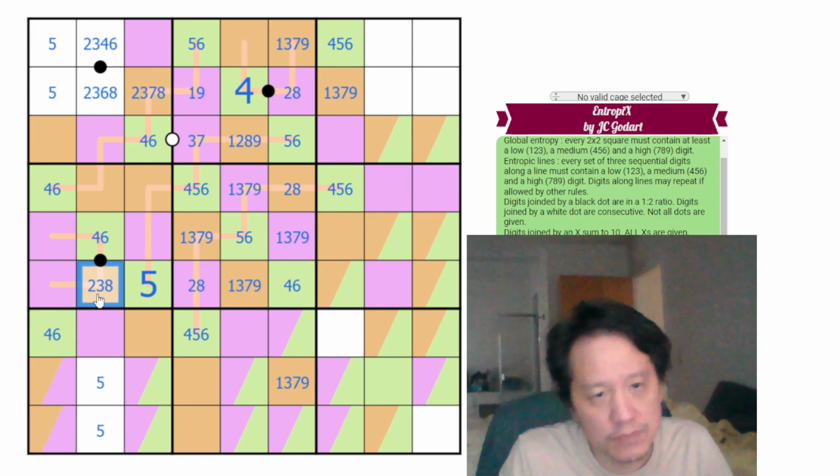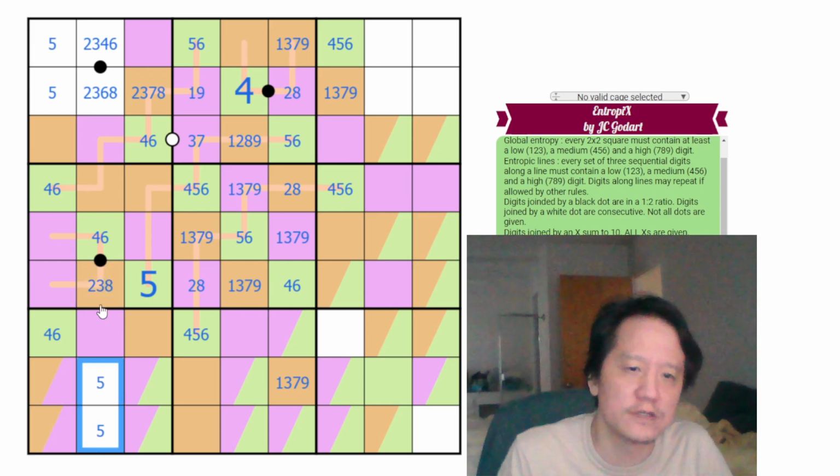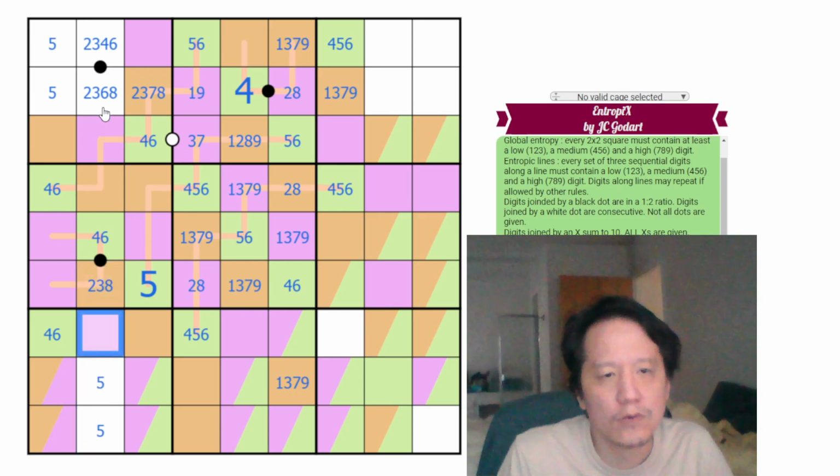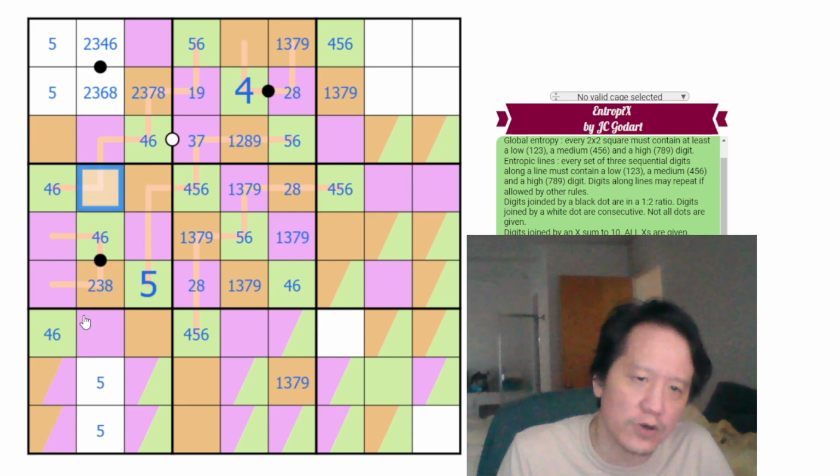Hmm. Okay. What does that tell us? I mean, this could be 2 or 3 with 4 or 6, and this could be 2 or 3 with 4 or 6. And that would work. So this would be 1.